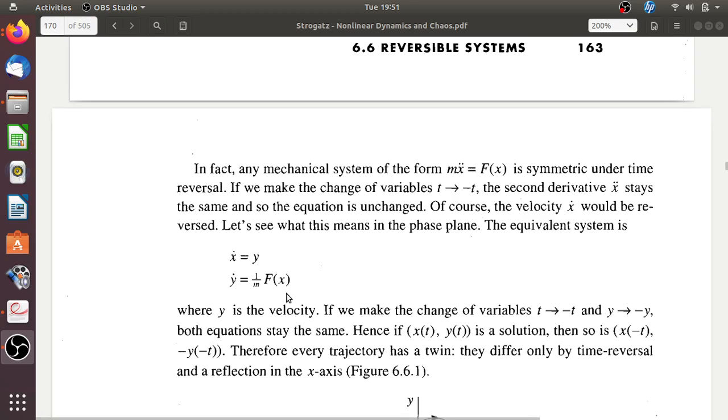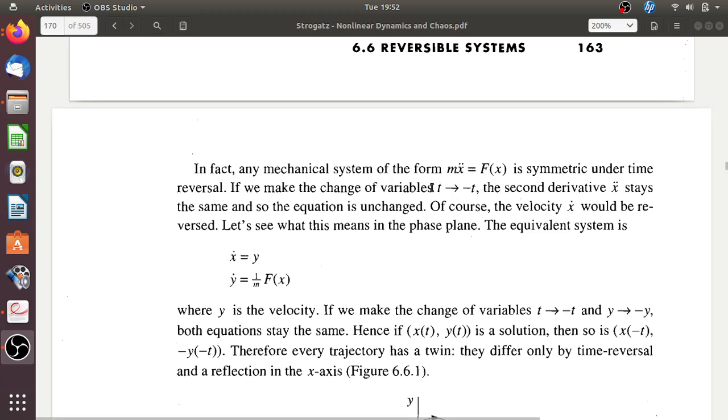How about this one? Due to this transformation, there will be one minus sign added. But at the same time, we know that y is velocity, and that itself will become negative because of this transformation, and therefore we will have two minus signs, and those two minus signs will cancel and it will once again give y dot. And here there isn't any time dependence, so there won't be any change.